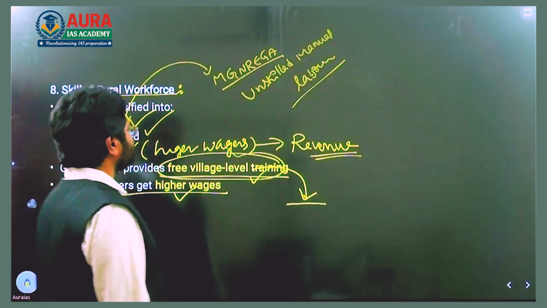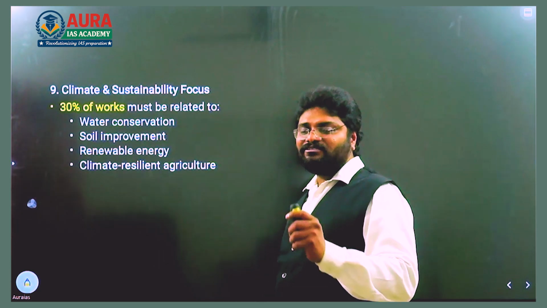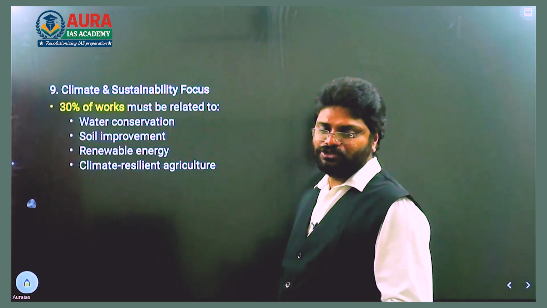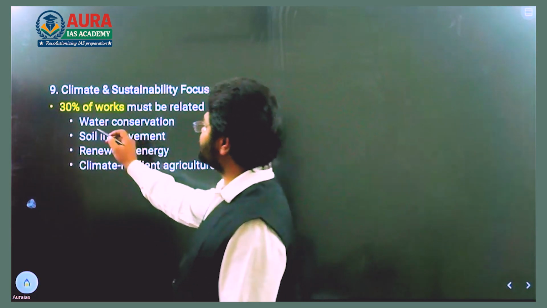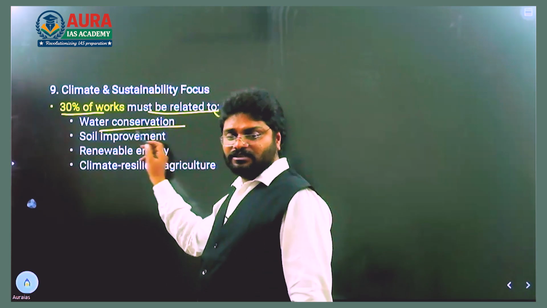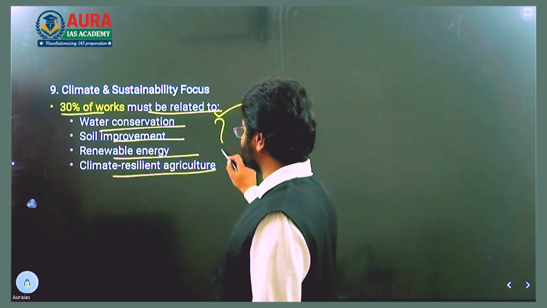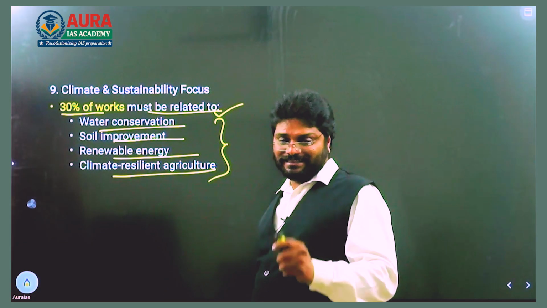So the next one, climate and sustainability focus. Whatever assets are created under this new act, 30% of the works must be related to water conservation, soil improvement, renewable energy, climate-resilient agriculture. So four core areas are there.